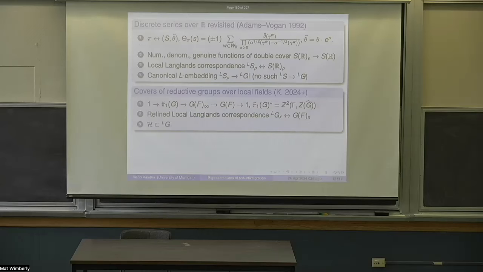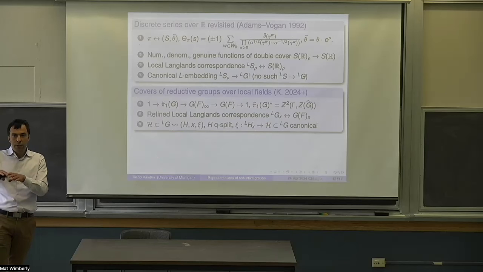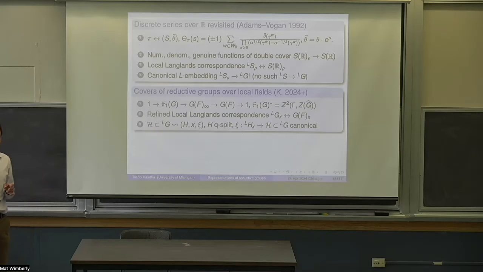And moreover, anytime you have a subgroup of the L group of some reductive group with some very weak properties, that leads to a quasi-split group H and a cover of it, such that the L group is canonically isomorphic to this subgroup. Which means that if you're familiar a little bit with the concept of Langlands functoriality, you now realize that Langlands functoriality is closely related to thinking about these covers. It naturally leads you to thinking about such covers.